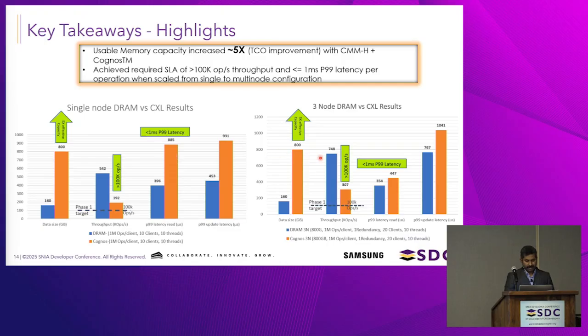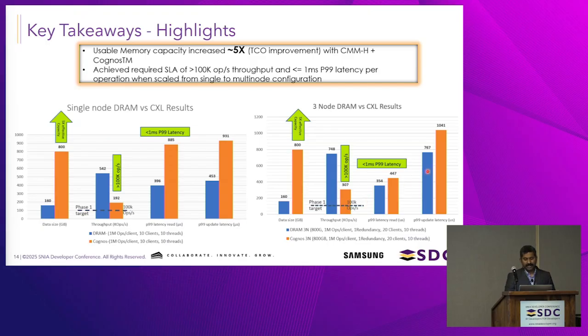Going to 3 node, again the same capacity advantage we have got, obviously because we are using 2 terabytes of extra memory coming from CXL. But how was it about the SLAs, the throughput side? Again, the same thing, we got the throughput lower, but still we could maintain it higher than what we set for ourselves, the targeted SLA.